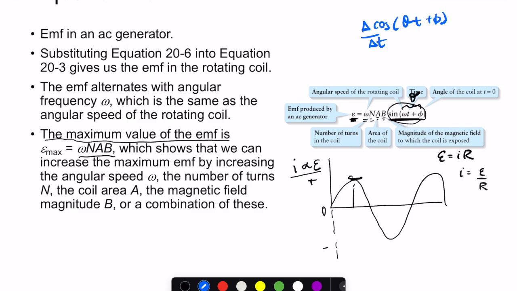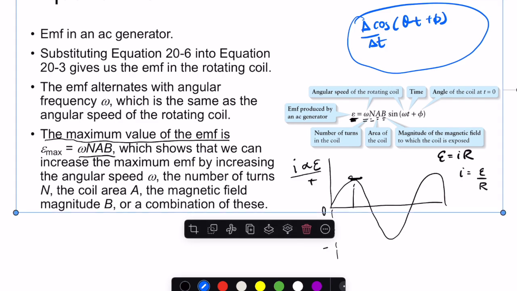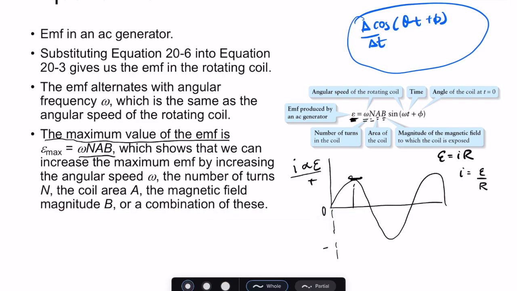Okay, so calculus comes into play here, but we are not subjecting you to it. You're just gonna know that this change in cosine with respect to t becomes the sine. Okay, this is what it does. This is what happens. And then of course that theta, I put theta here, my bad. That whole thing here, this is actually theta, right? This is how we express theta. It's omega t plus phi. So that's all theta. And then omega comes out front because of that calculus. And then we have our number of turns, area, and magnetic field, right?